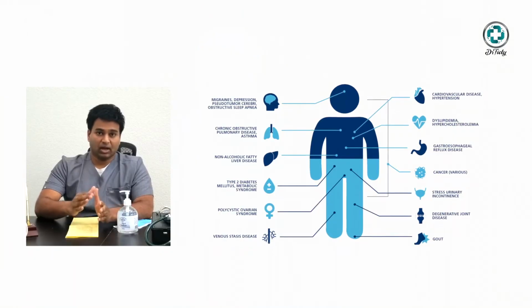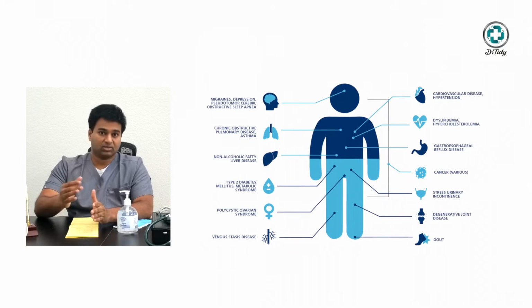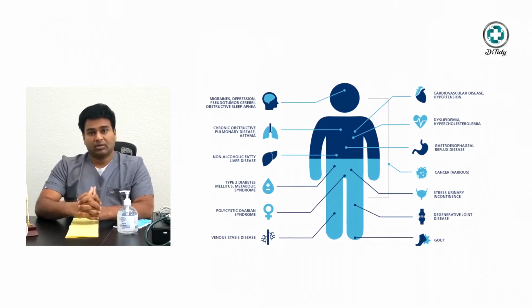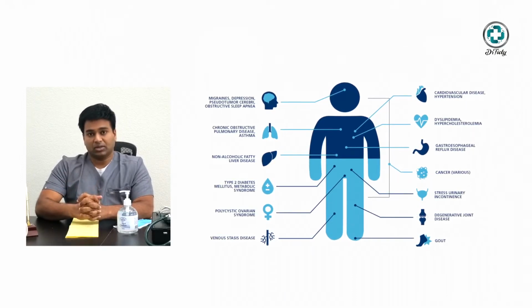Those conditions include diabetes and hypertension. Both of these conditions are very hard to control in obese individuals. Sugars are definitely higher in obese diabetics than normal weight diabetics, and the same thing goes with blood pressures.